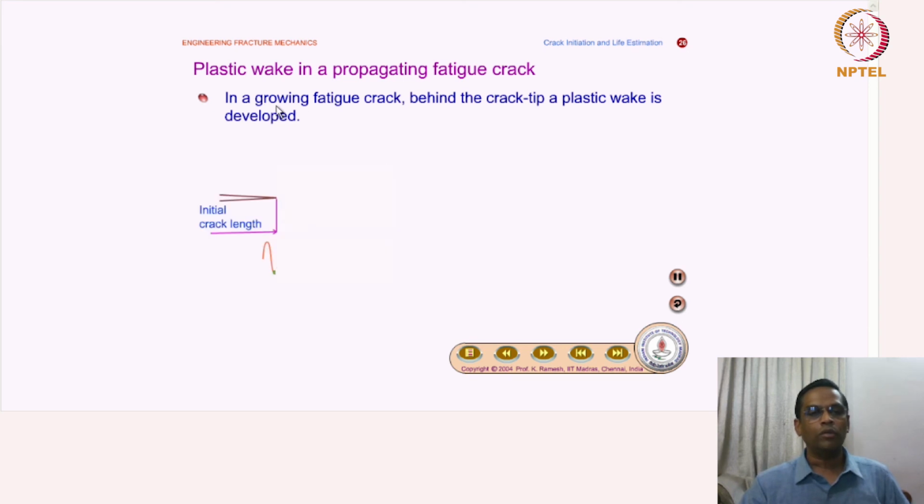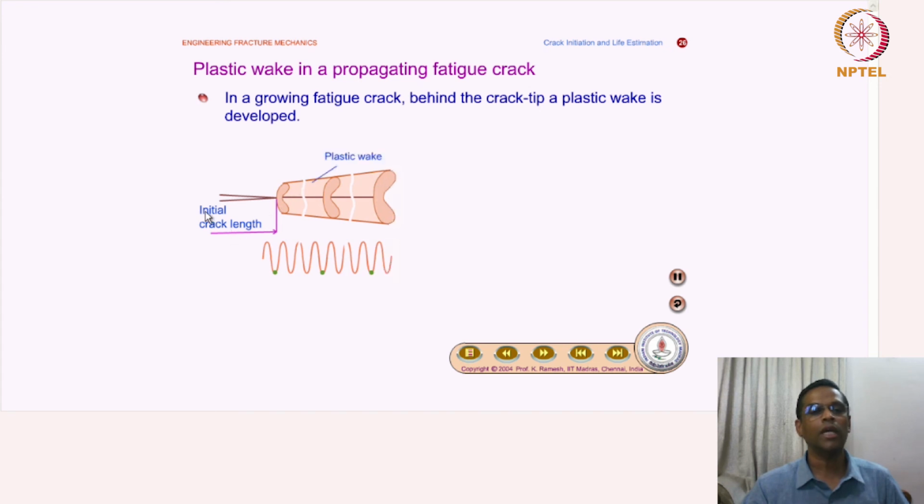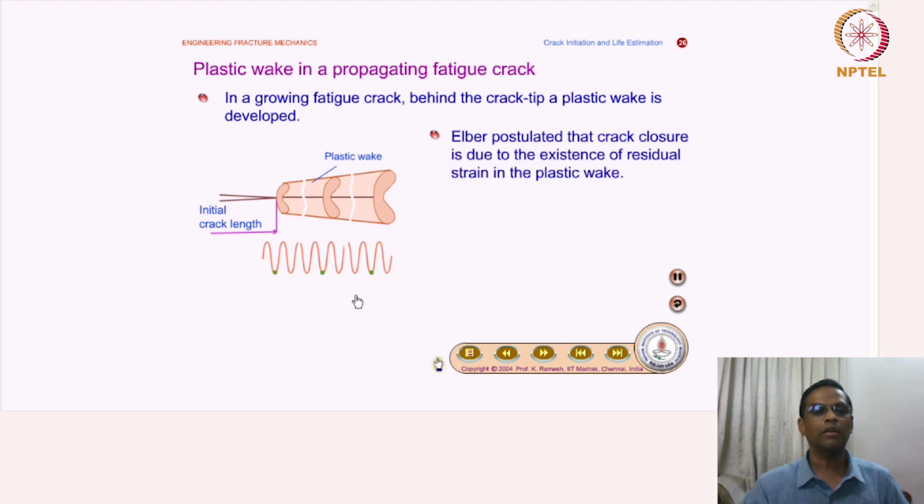If you look into the details, in a growing fatigue crack, a plastic wake is developed behind the crack tip. How do we understand this? This is an initial crack length, and then this is a plastic zone. If you look at the animation carefully, every time it completes a number of cycles, the plastic wake region also increases.